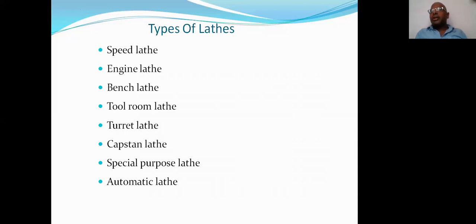In that case, there is no need to describe or explain the function or the purpose of the lathe machine.